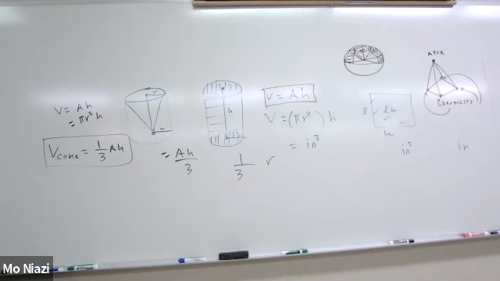So it's gonna be 0.2. Use all the data. I got 3.141.